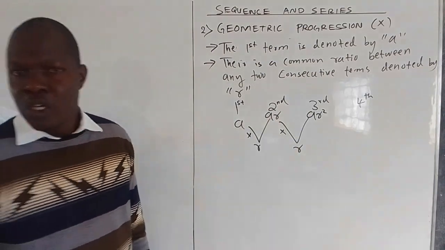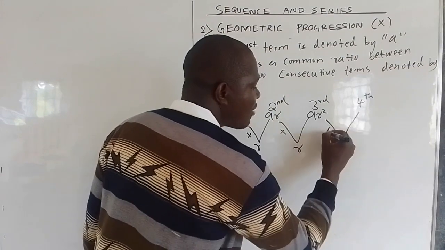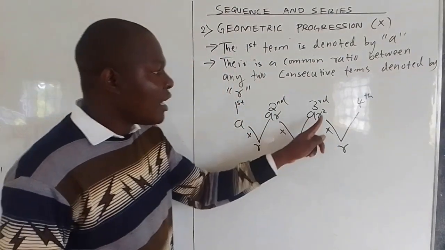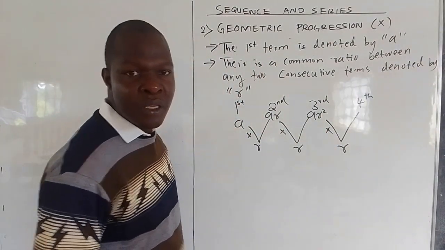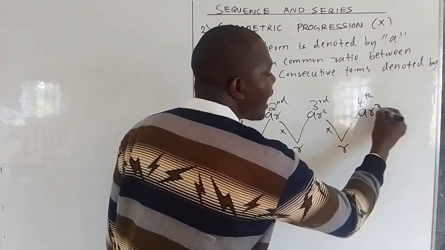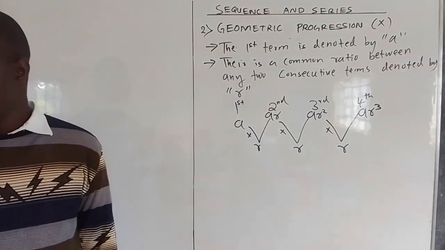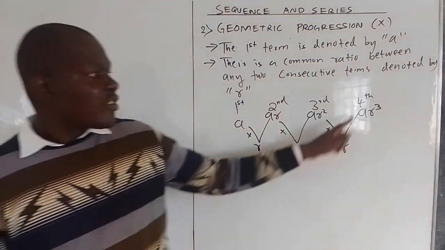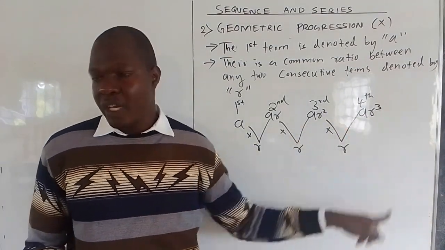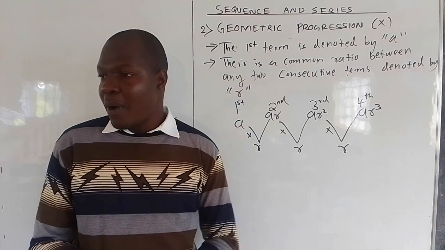To go to the next term, AR squared, I multiply by my common ratio R, and I get AR cubed. So from here you can see, when it is the fourth term, R is raised to power 3. When it is the third term, it is raised to power 2.